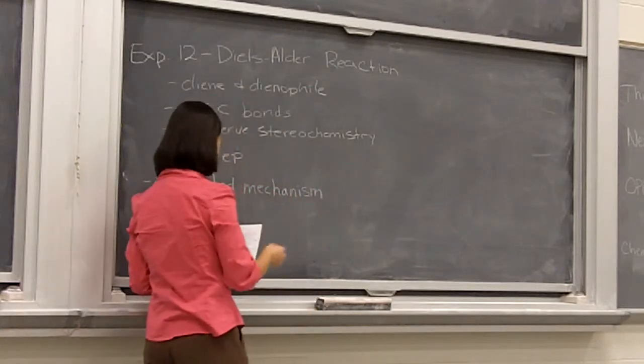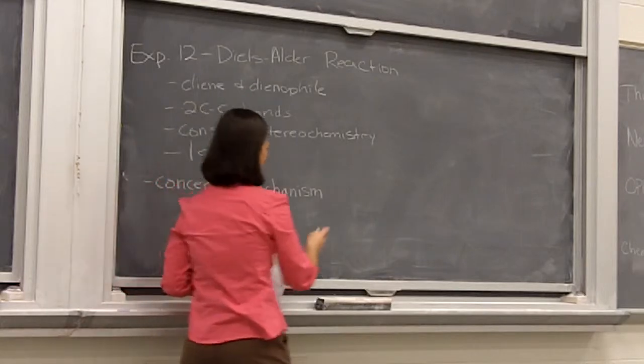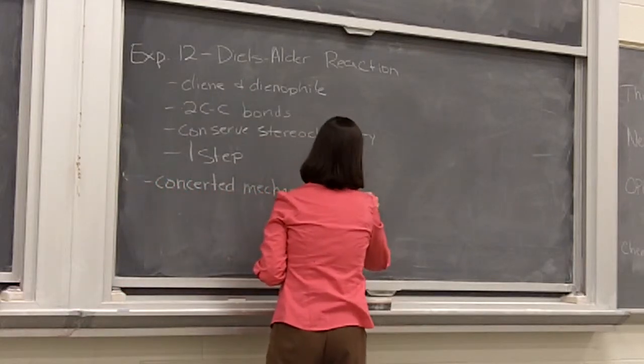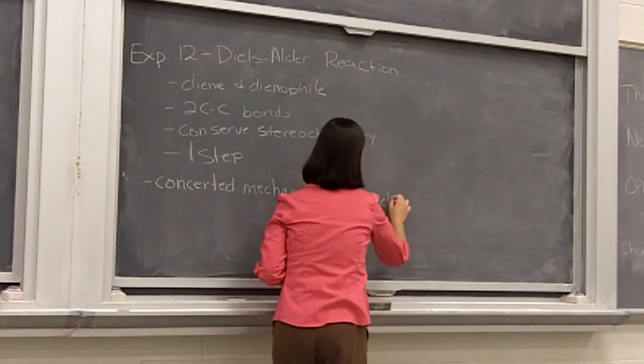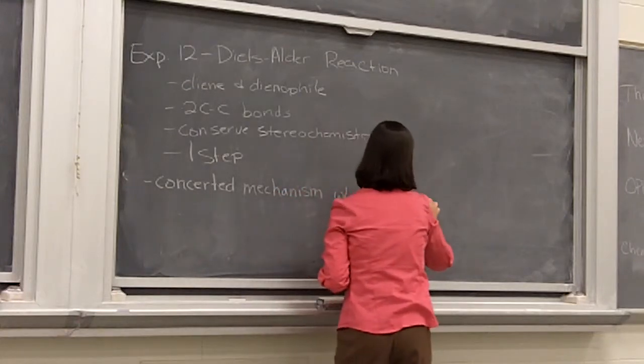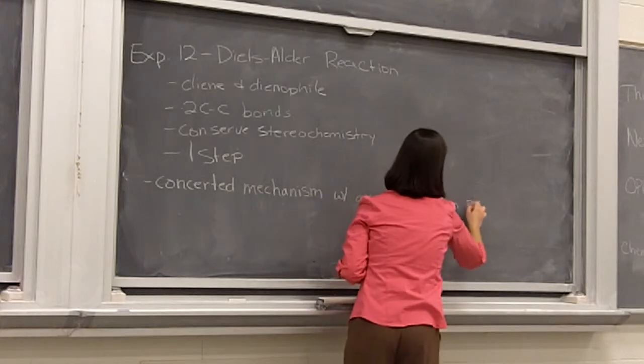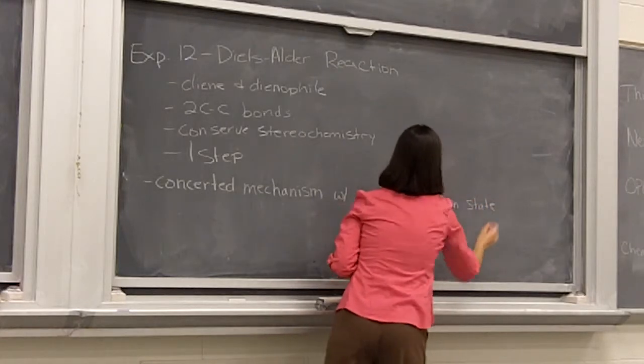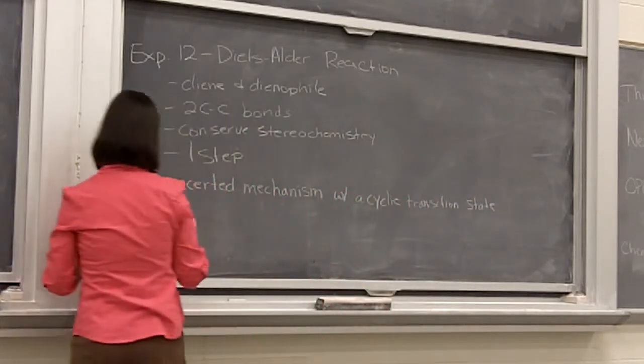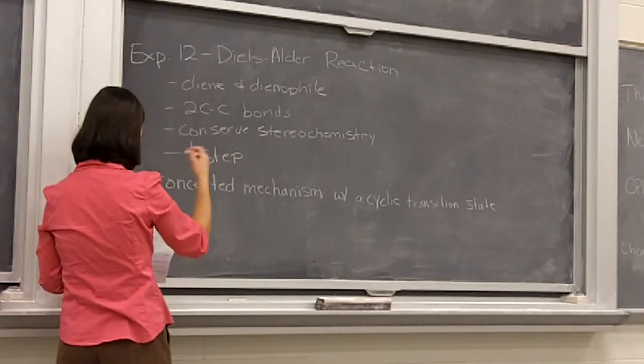So that's one label that is given to it, and it has a cyclic transition state. So you've got a transition state, but you do not have an intermediate. Another label for this type of reaction is it's a pericyclic reaction.